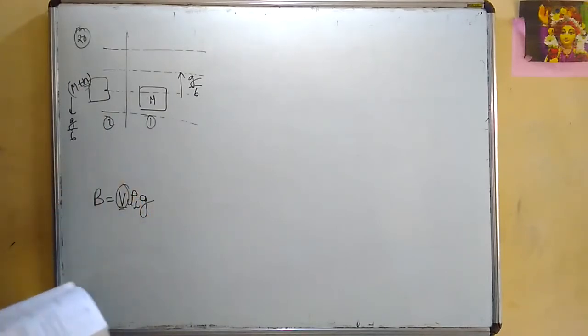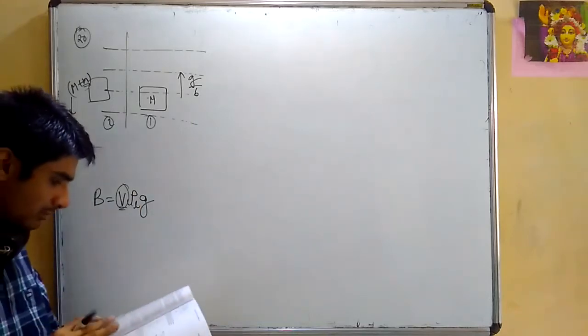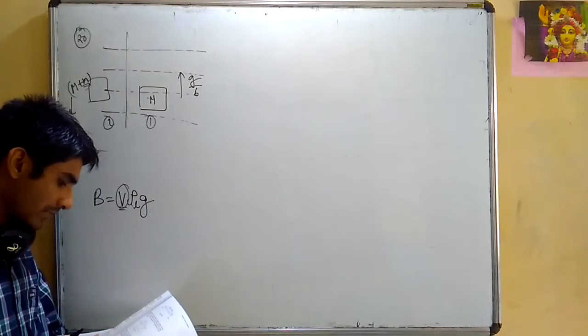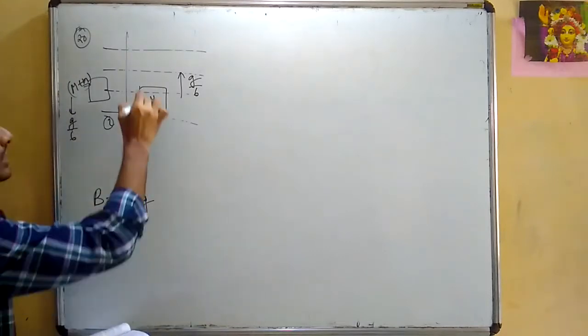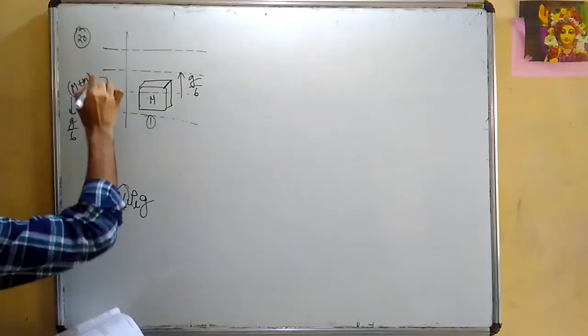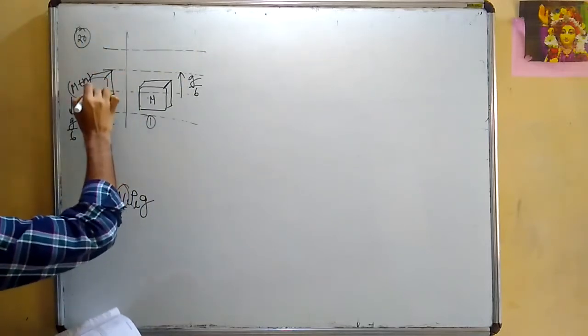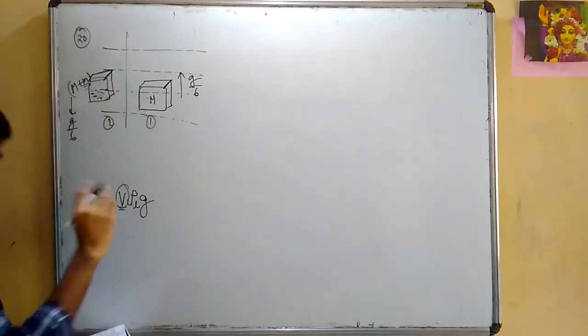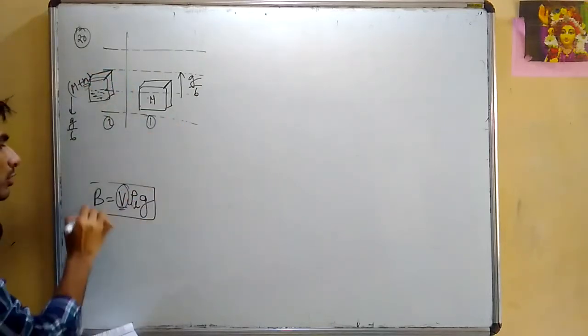So I will assume the sand is put inside the box. See, this box is here, and how much mass m should I put inside the box? If you put the mass m inside the box, the volume of the box which is submerged will not change. So the force of buoyancy will remain constant.